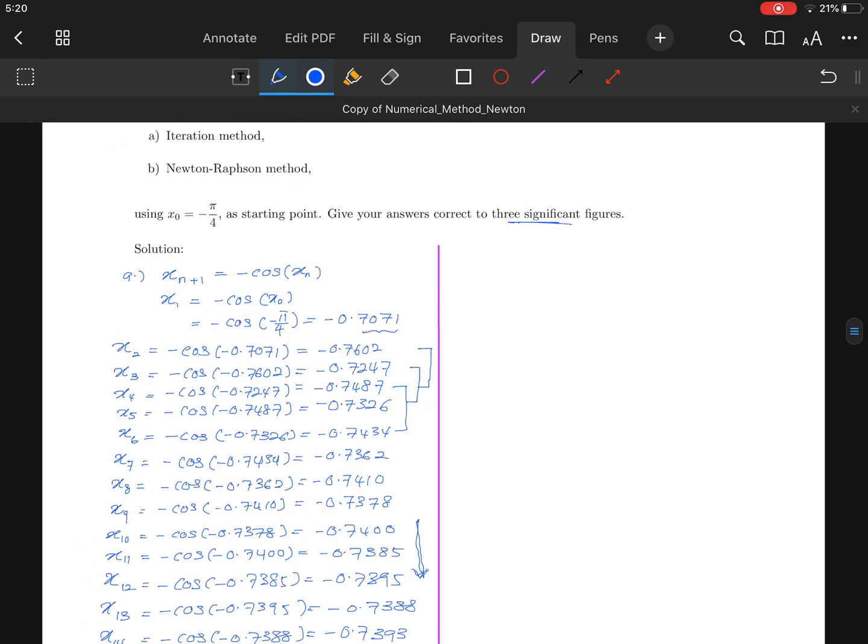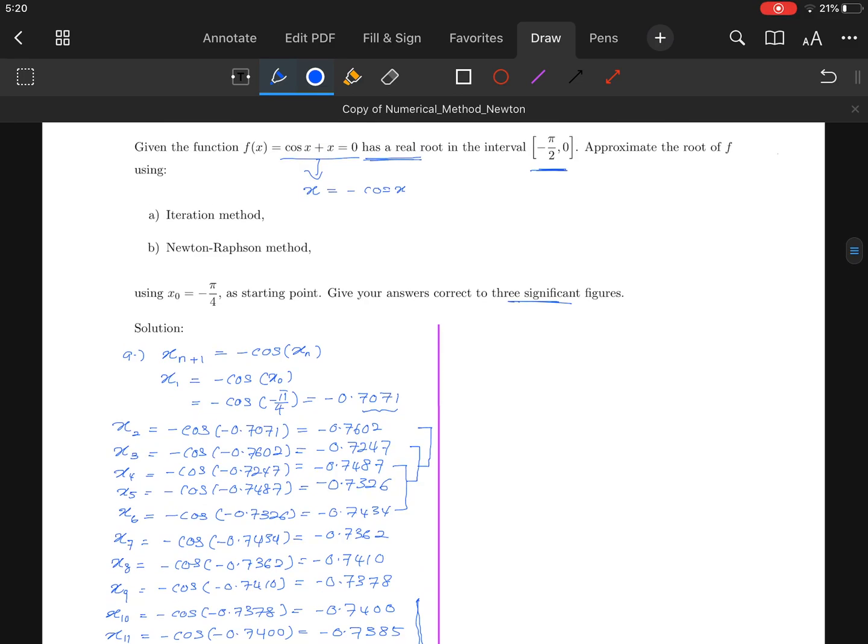So let's see how Newton's method does for this. In Newton's method, you need the relation such that x(n+1) equals xn minus f(xn) over f prime(xn). First of all, you need to determine your f prime.